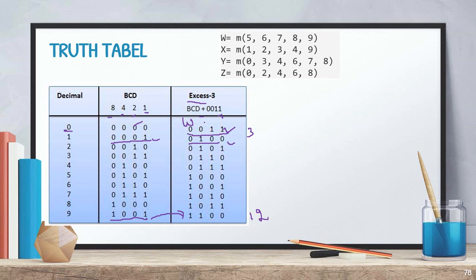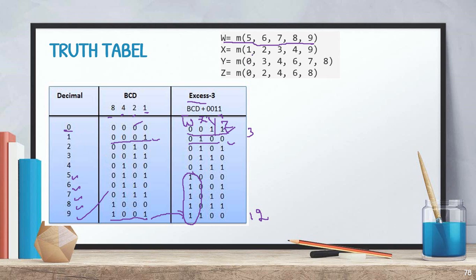Before going further, we can check the notation for each. The inputs are W, X, Y, Z. For the XS3 code there are four outputs W, X, Y, Z. W is present in 5, 6, 7, 8, 9, so the W equation is 5, 6, 7, 8, 9.